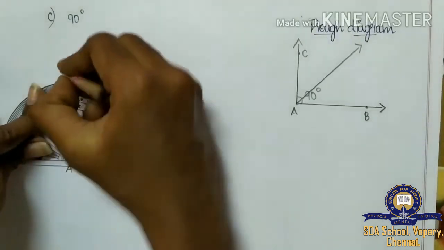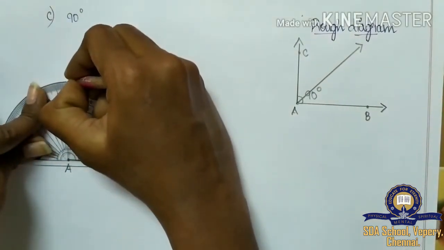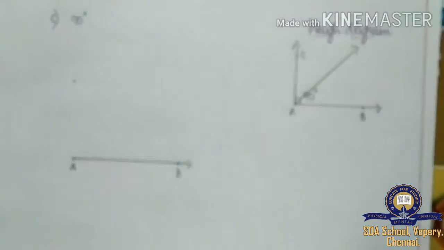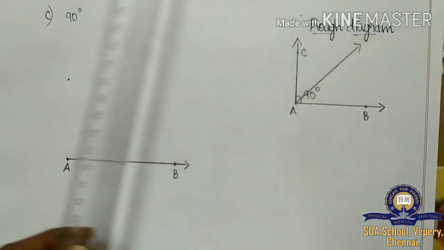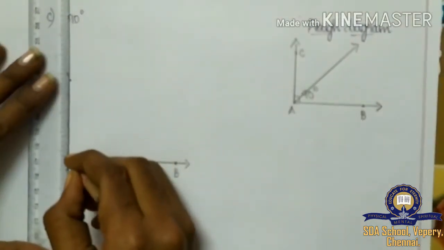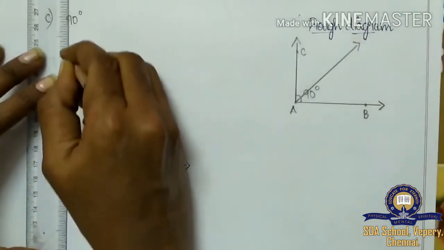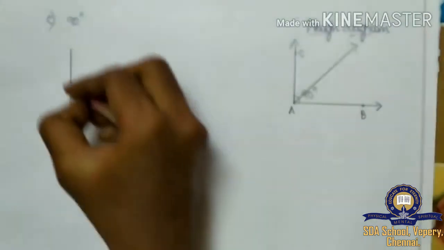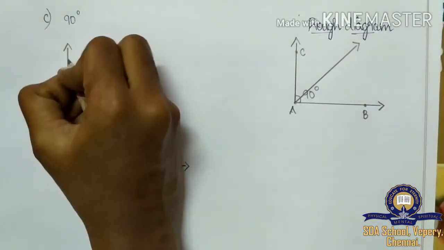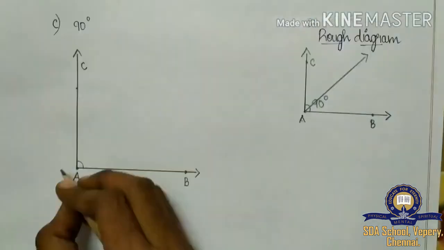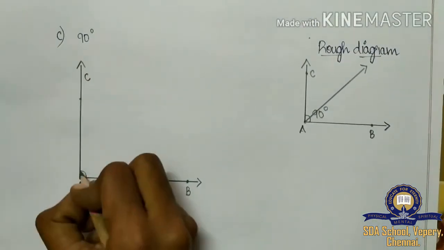So mark 90 degree. With the help of scale, draw a line and mark C.